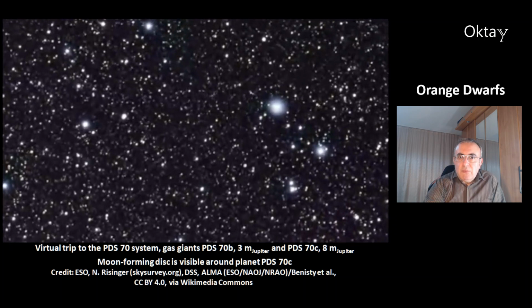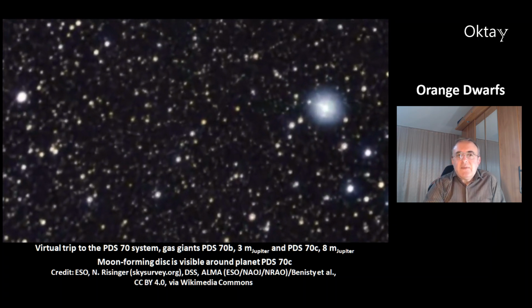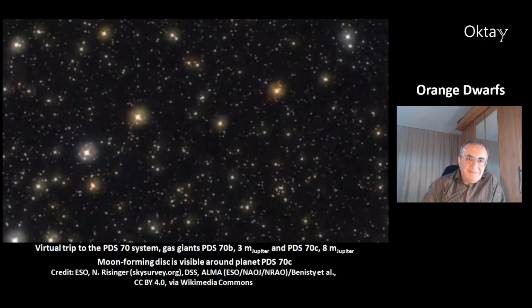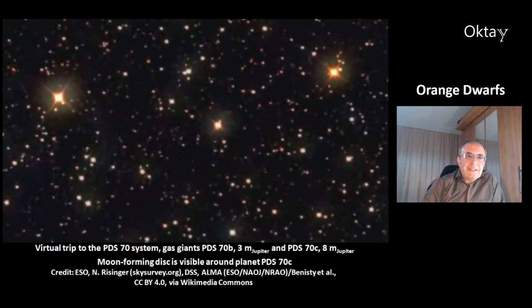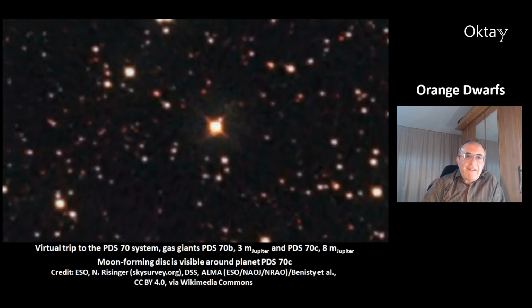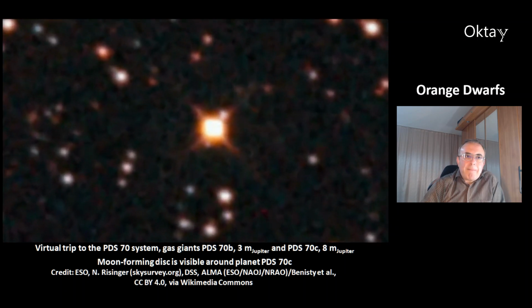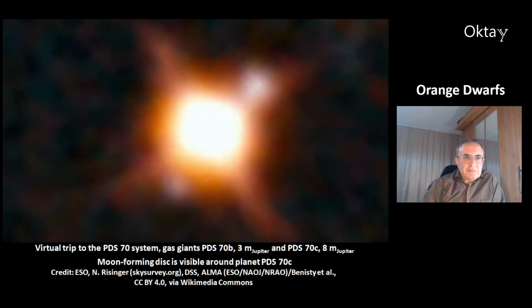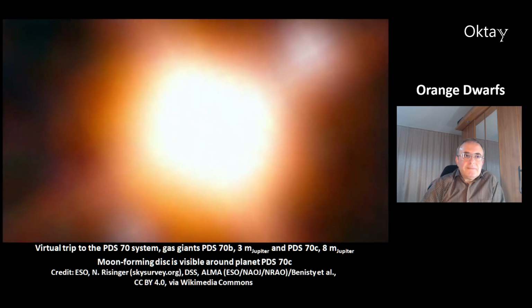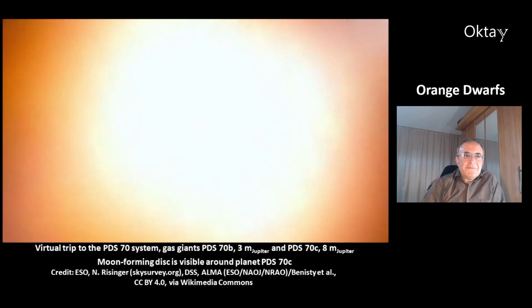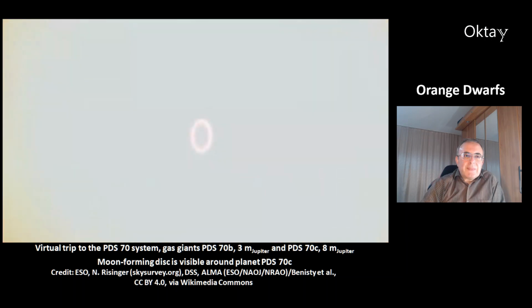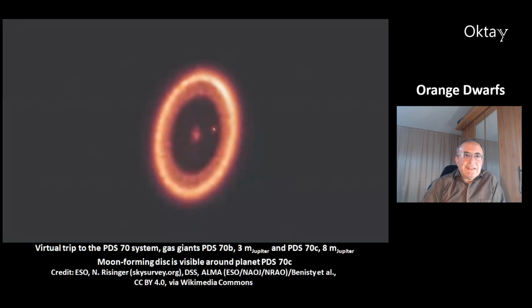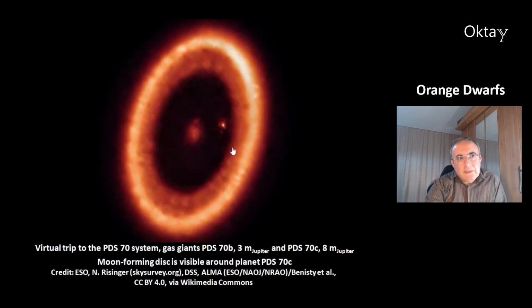And you will see a moon-forming disk that is visible around the planet PDS 70c. This is PDS 70c.